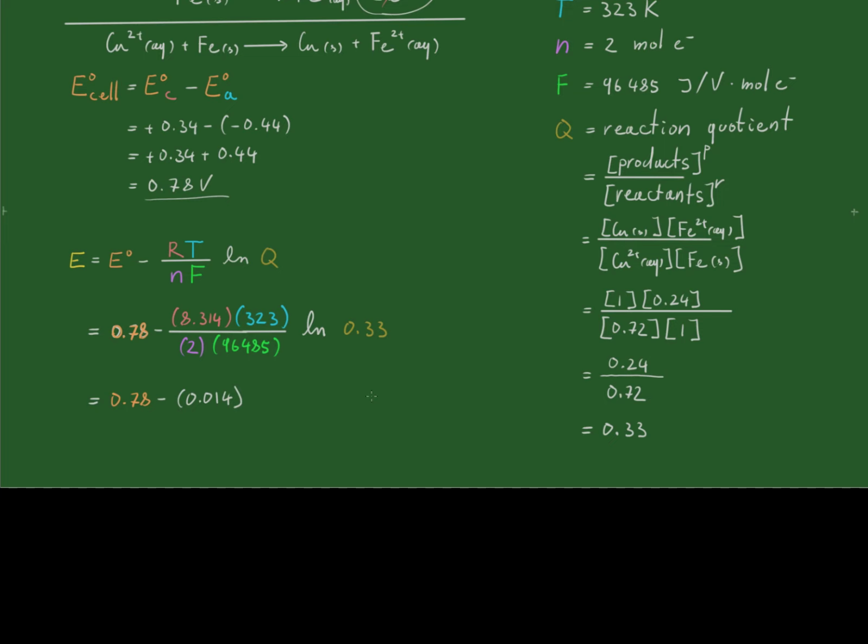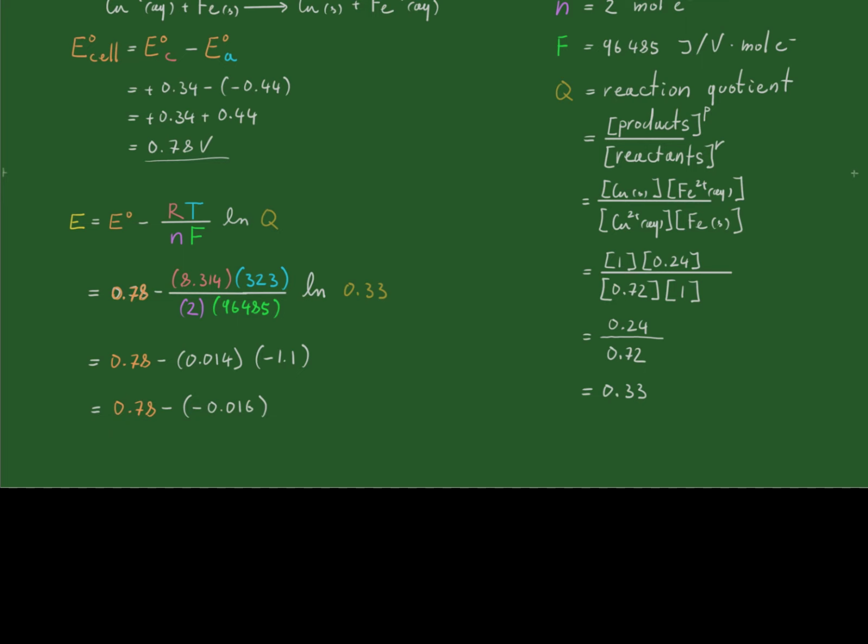And then we need to take the natural log of 1/3, which is negative 1.1. All right, almost there. So now we have 0.78 minus 0.014 multiplied by negative 1.1, and that gives us negative 0.016 with rounding.